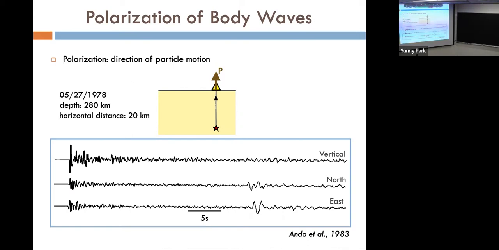And actually, just by using that information, you can almost just pick out the P wave here. For the S wave, we know the particle motion is perpendicular to the ray path. And by using that fact, we expect the S wave to be more or less in the horizontal component, and we can actually pick out the S wave there.